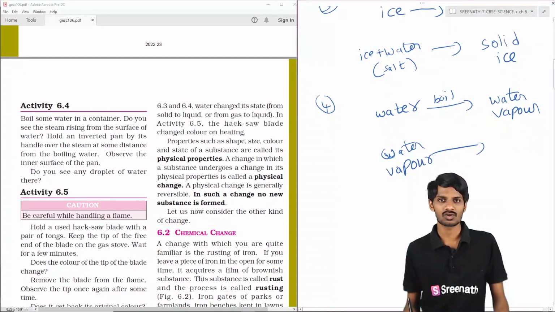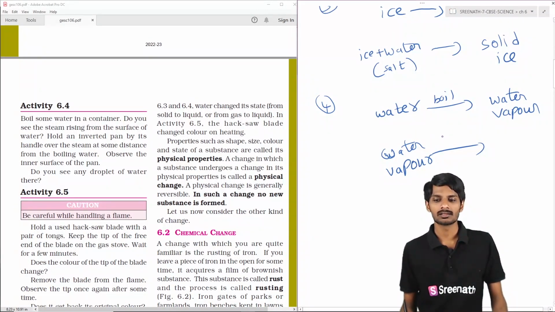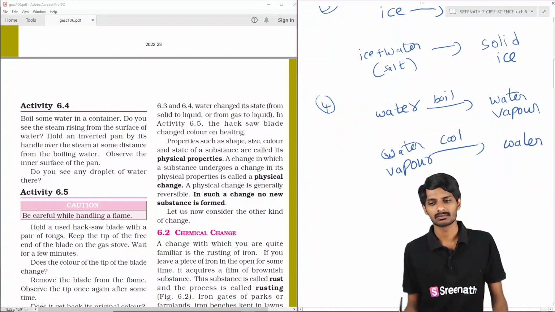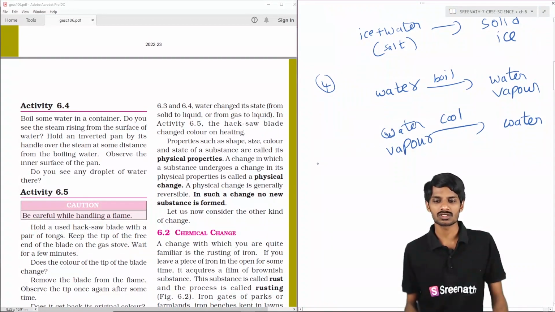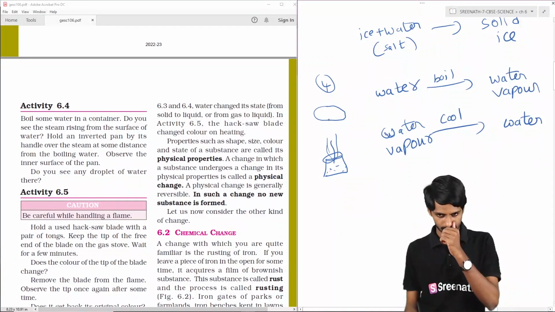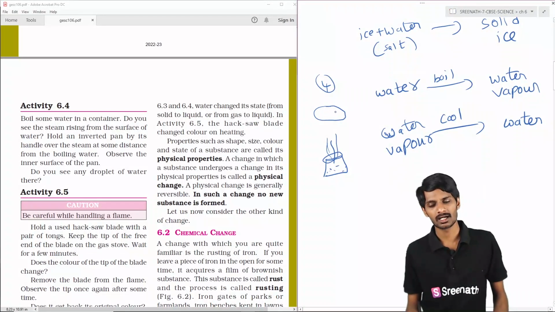Okay students, cool it so that you will get water. How to do this task? Suppose it is the beaker and it is the water and it is coming out as gases, so at this place take a plate and hold it, so these gases will strike this plate and you will get some water drops here, like that.